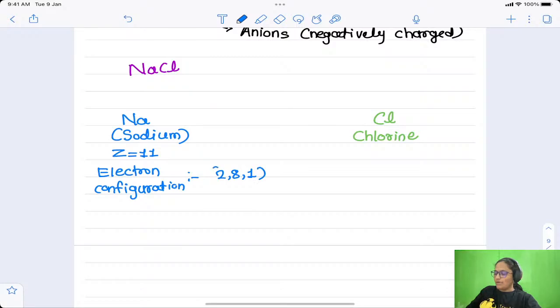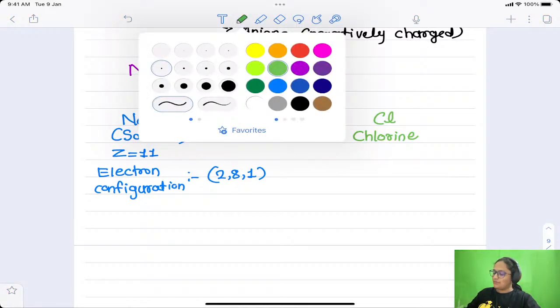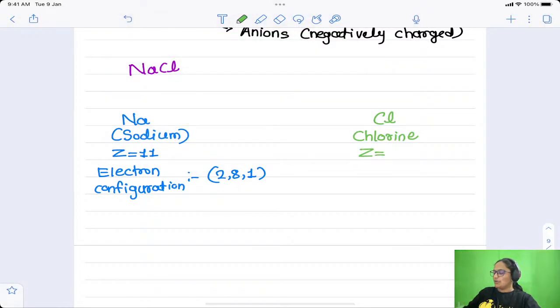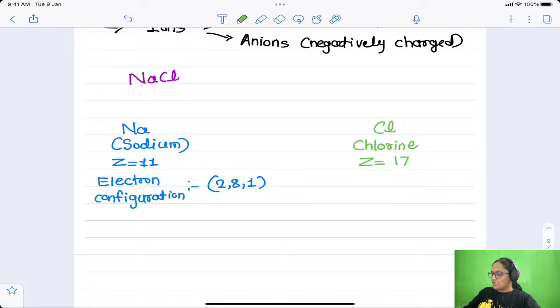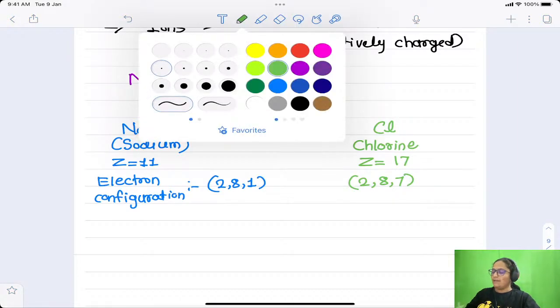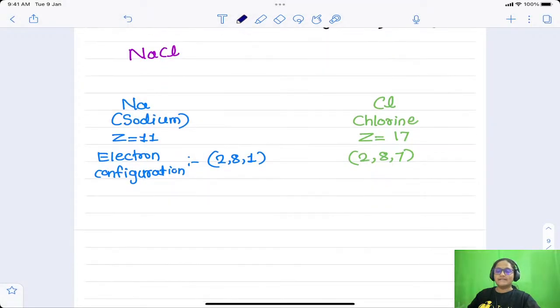Whereas for chlorine, atomic number is 17, and electron configuration is 2, 8, 7. Now always remember, every element in nature tries to get stability.